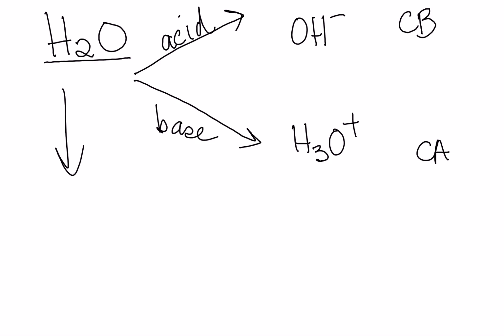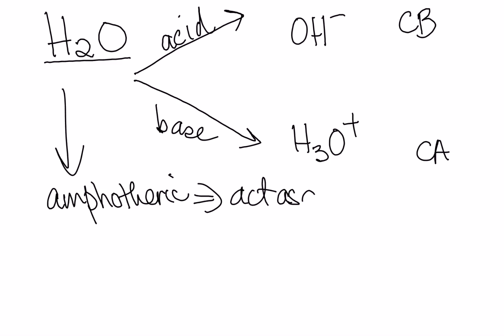So H2O is known as amphoteric. Means it can act as a base and as an acid. Okay, so please remember that, especially when you're writing equations later on for equilibrium, water is going to be commonly used.